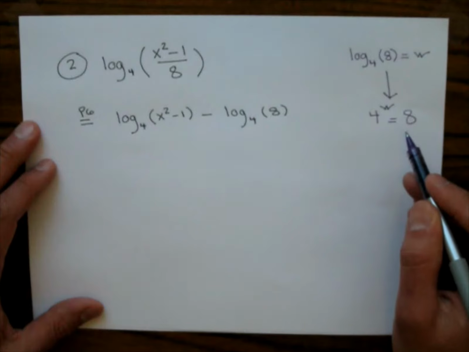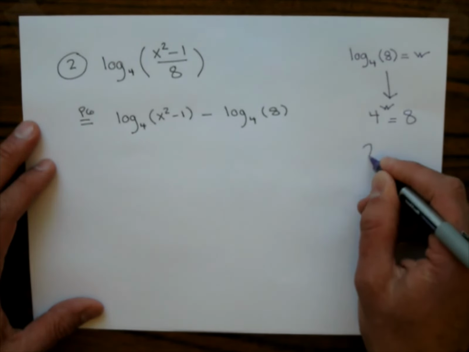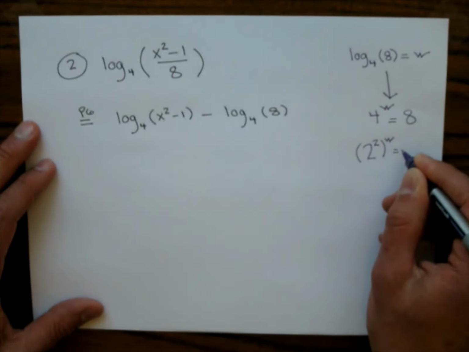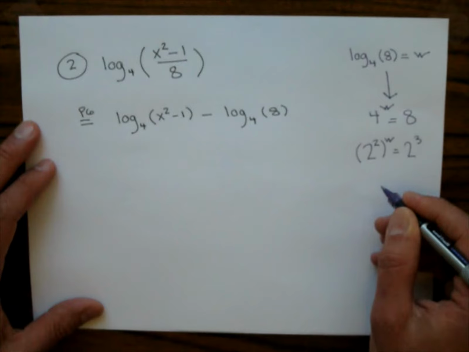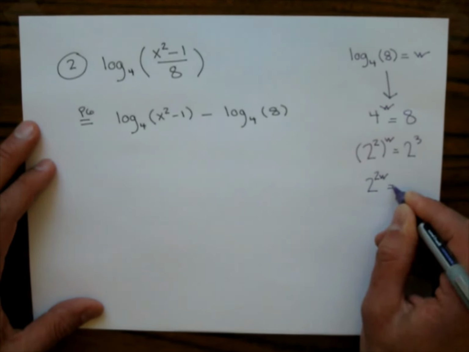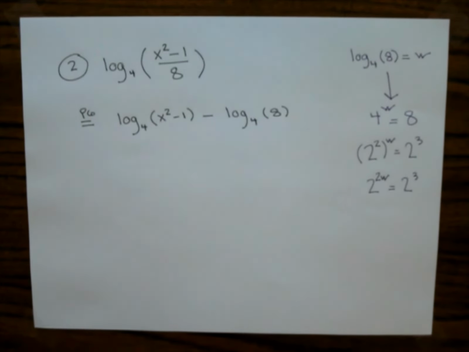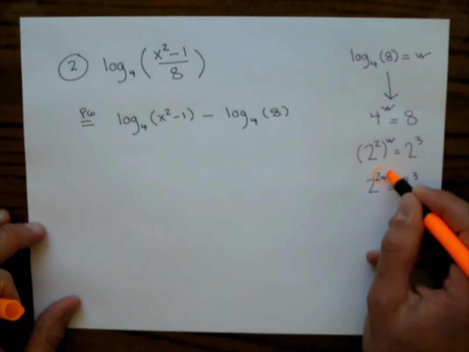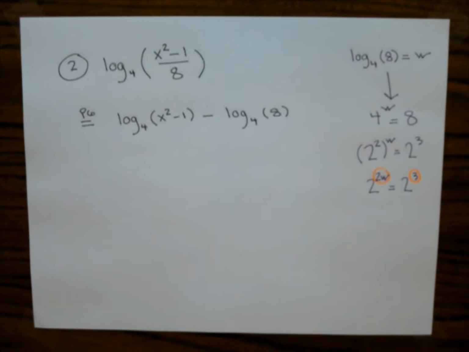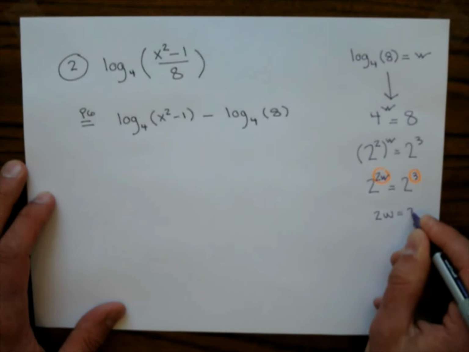Now I have a type 1 exponential equation. I'm going to get a common base of 2. And I have a power to a power, so multiply. We have 2 to this equals 2 to that. And from the one-to-one property of exponential functions, we can set this equal to that.